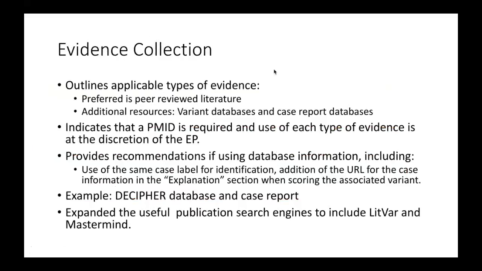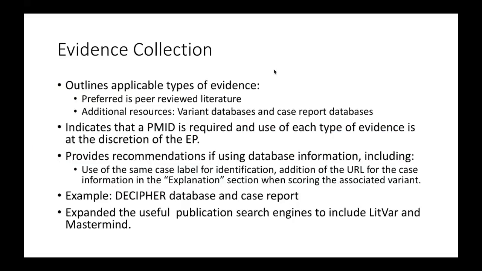Also, we provide recommendations if you're using a database for information, including that you would want to use the same label that was used on the site for the identification, as well as adding the URL for the case information in the explanation section of the GCI when scoring the associated variant.